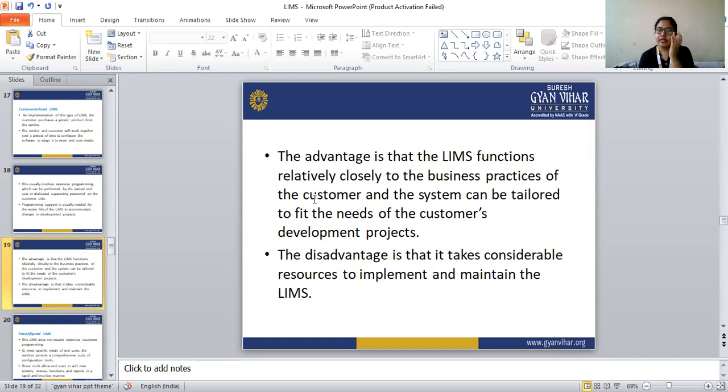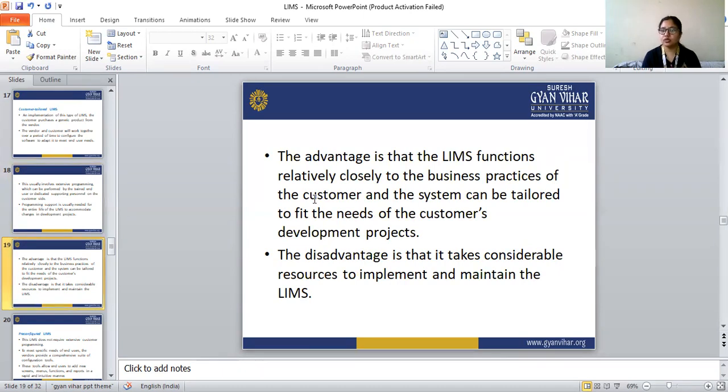So the advantage of a customer tailored LIMS is that the LIMS functions relatively closely to the particular business practices of the customer, and the system can be tailored to fit the needs of the customer's development project. As the customer's projects develop, we can add all the supporting systems in that particular customer tailored LIMS.